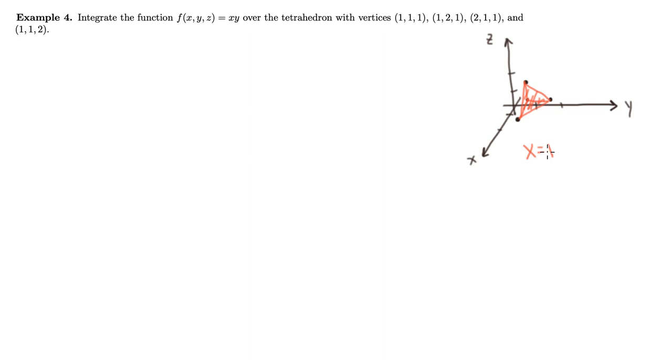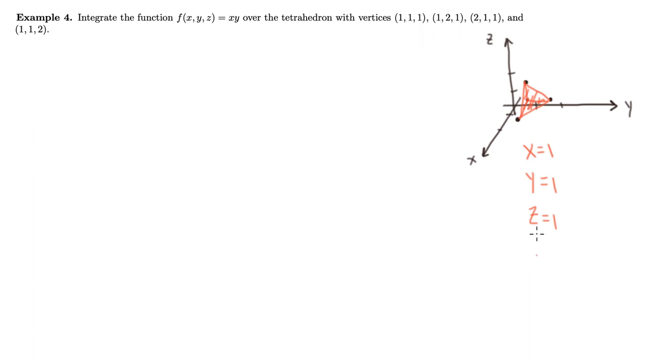Because 3 points that are not in the same line will determine a unique plane. I also have 3 points where the y-coordinate is 1. So y equals 1 is another plane. That's going to be this side plane here. So this is x equals 1, the back plane, y equals 1, the side plane. We also have z equal to 1, which is going to be the bottom plane, because these 3 points have z coordinate equal to 1.